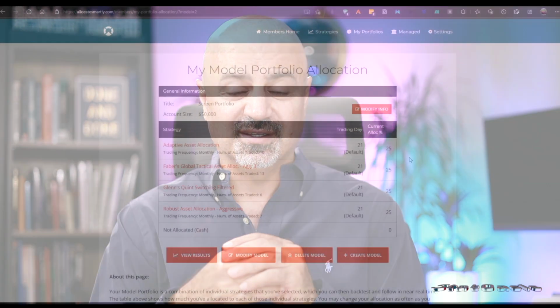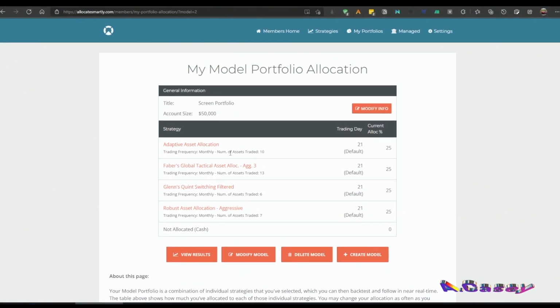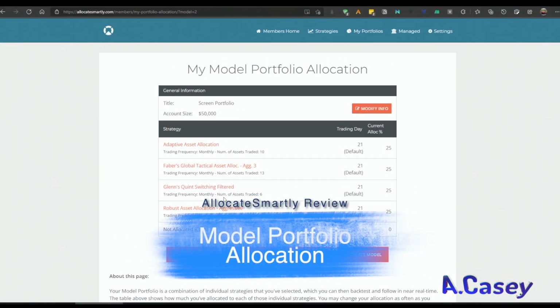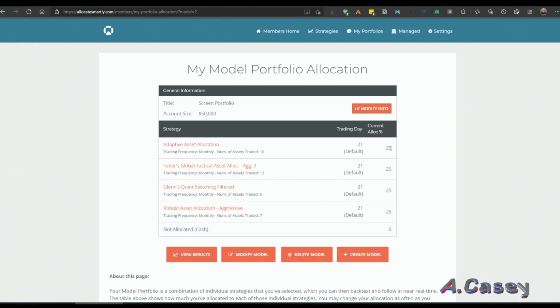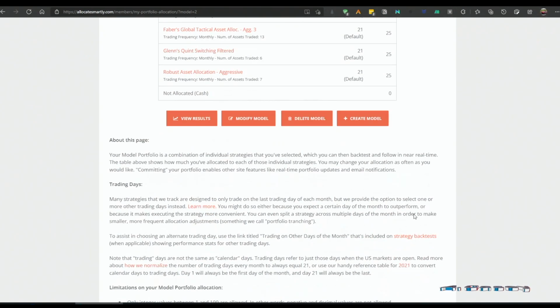You have all the clean data, so you don't need to buy data to test, because you can test them easily and find the best allocation. Once you do that, you can change the allocation to suit your needs. For example, here I built a portfolio of 4 portfolios, and I gave the current allocation, which is 25% each.